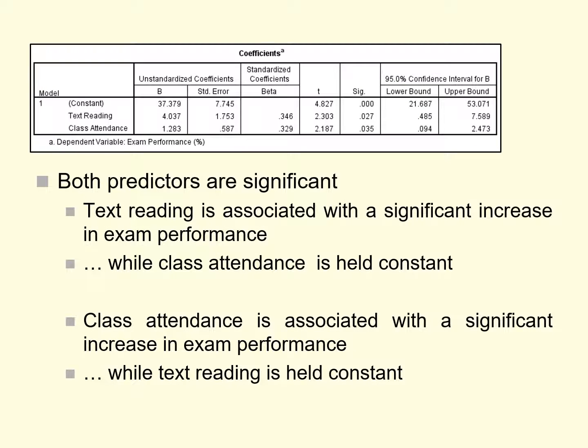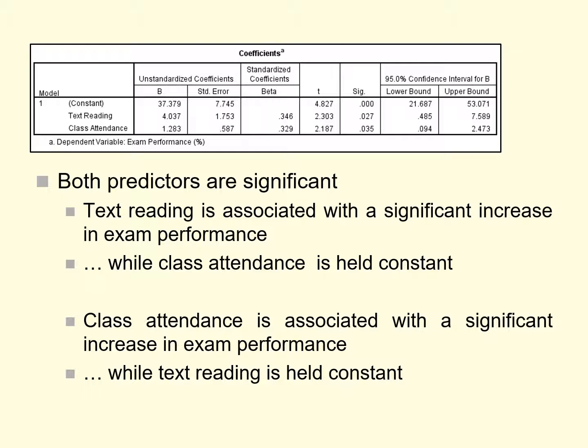We could take a look at our coefficients, and by looking at the values of the unstandardized and standardized coefficients, that is the slopes for those two predictor variables, and then looking at the little t-test, which tests whether those slopes are significantly different from 0, we see that both of our regression coefficients for text reading and for class attendance are significant.